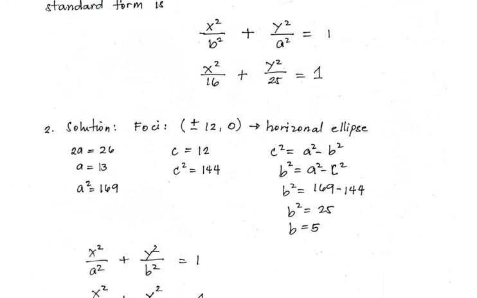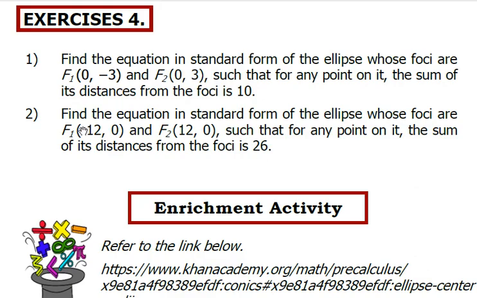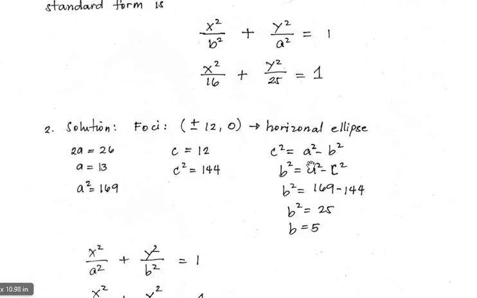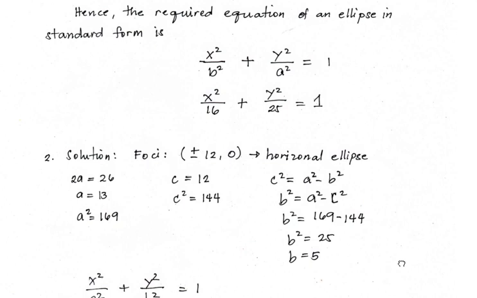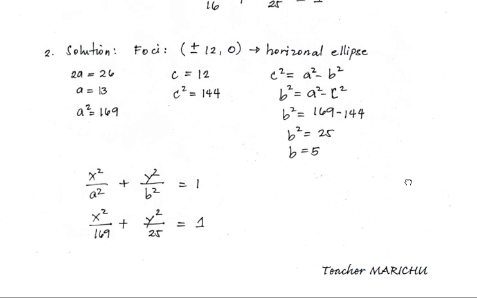Moving on to number 2, let me read the problem. Find the equation in standard form of the ellipse given the foci negative 12, 0, and 12, 0, such that for any point on the ellipse, the sum of its distances from the foci is 26. With the same analysis as in number 1, we start with the coordinates of the foci, plus or minus 12, 0.